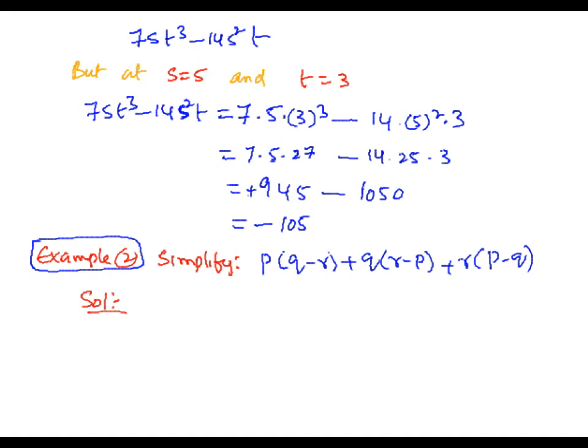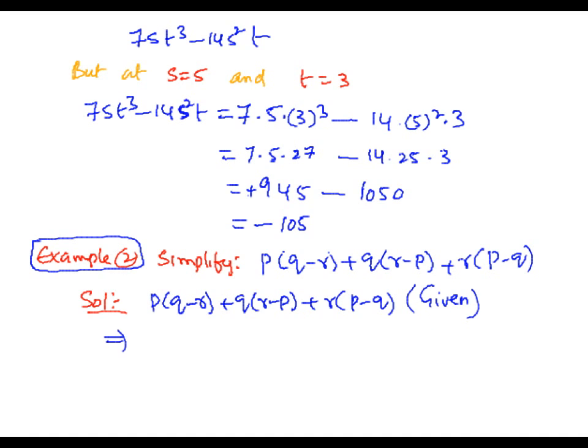p into q minus r plus q into r minus p plus r into p minus q is given first. So now we are multiplying horizontally. In the first case, p must be multiplied with q, then later with r. Similarly, q with r and q with p, r with p and r with q.